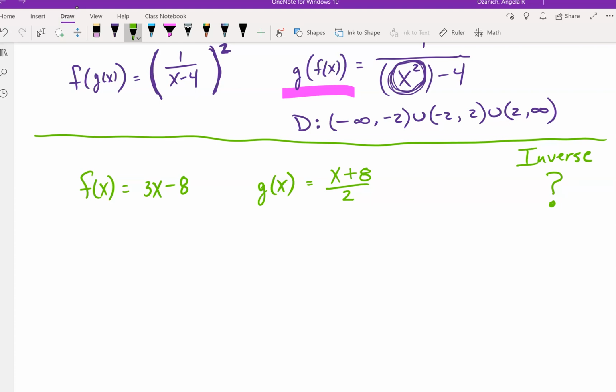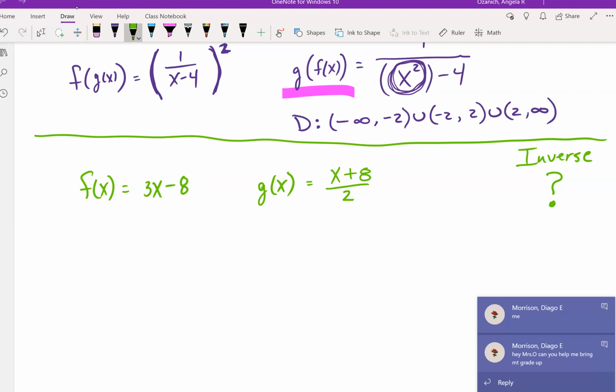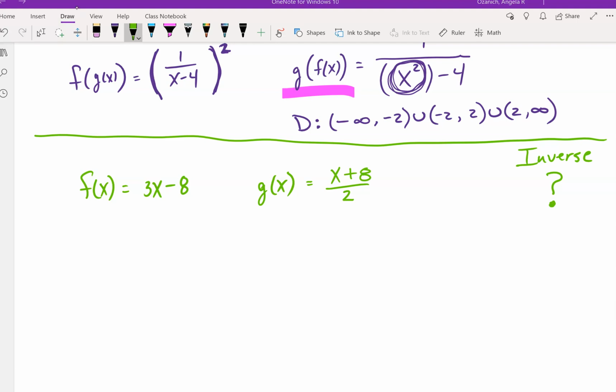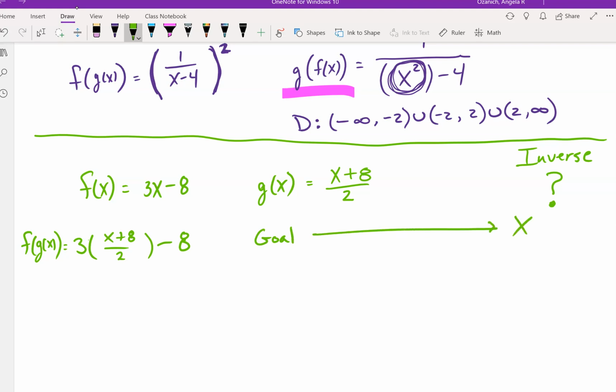Well, one way that you can test whether or not you have an inverse function is if you take your original function and evaluate f at g of x. So my g of x is x plus 8 divided by 2, minus 8. And the goal, remember, as you're simplifying, is to simplify and get just x. So let's see if that works on this one.